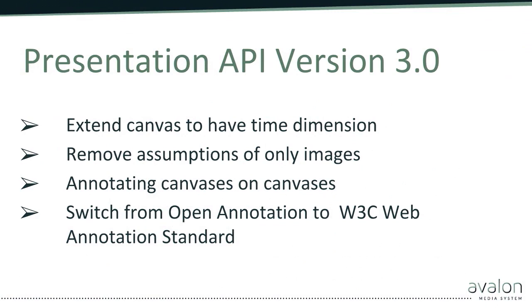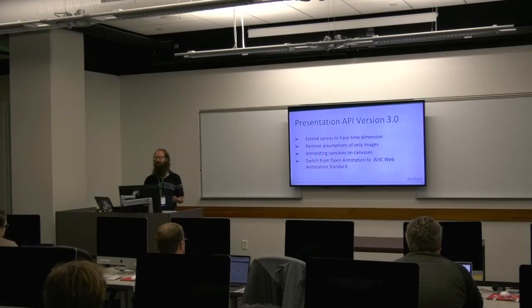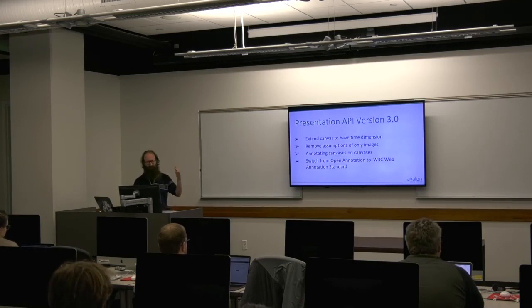Full ratification is supposed to be maybe near the end of the year or early next year. And one of the core differences from the previous one is thinking about time-based media and not just image content. That runs through the spec.